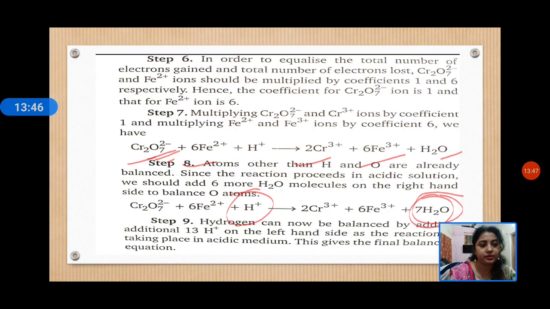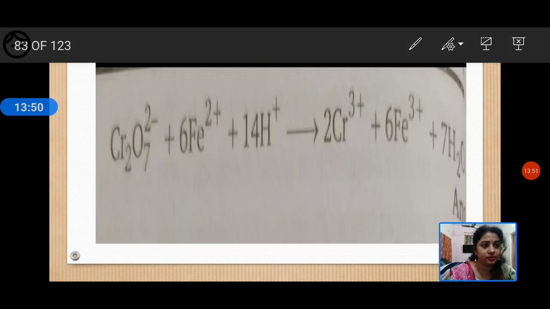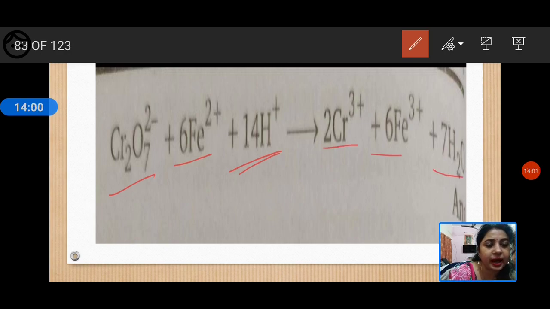We have added 13 plus 1, 14. If we count, we will find that all the atoms are equal on both sides. So we can say that now the reaction is balanced.